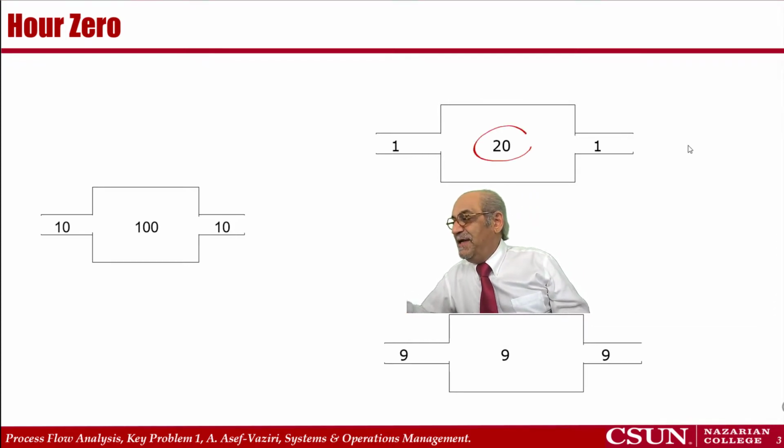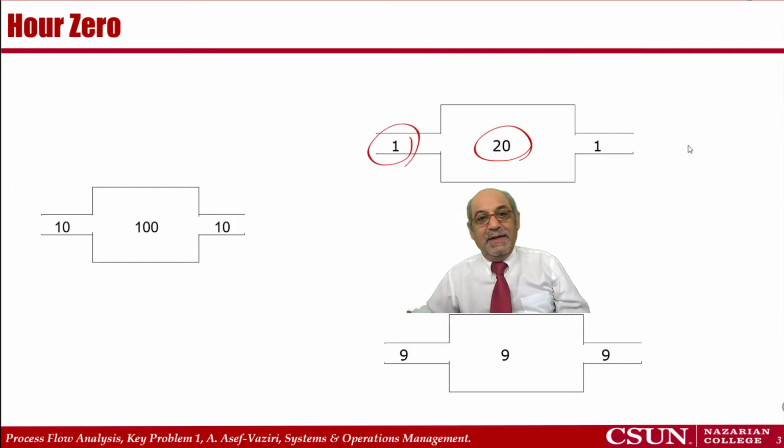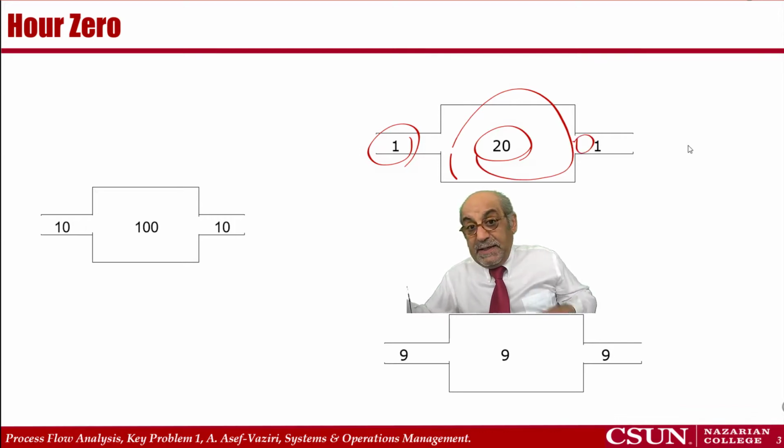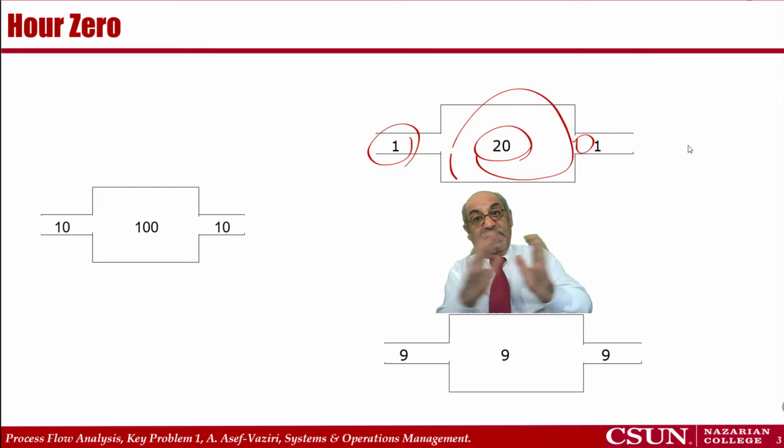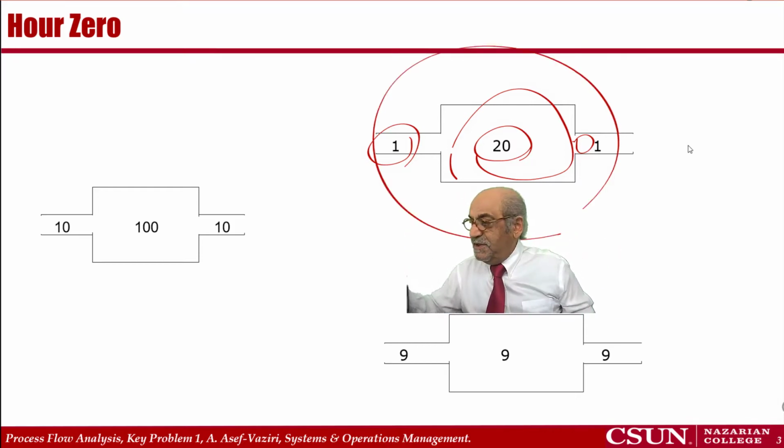20 gallons are there. Flow at rate of 1 gallon per hour comes in, and at rate of 1 gallon per hour goes out. How long does it take to empty this? Indeed, we empty this, but other flow comes and fills it up. So this container always has 20 gallons.